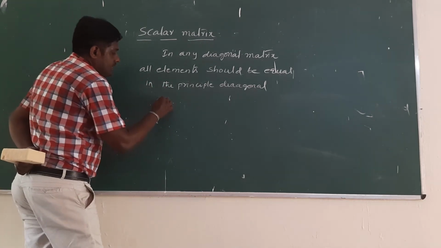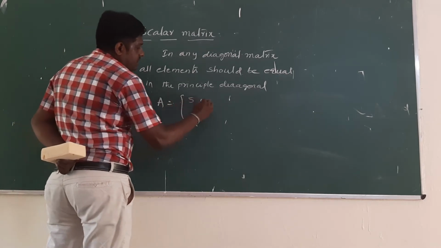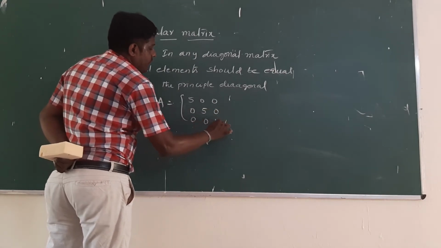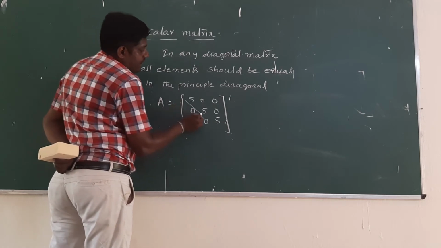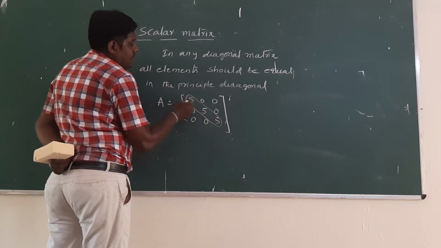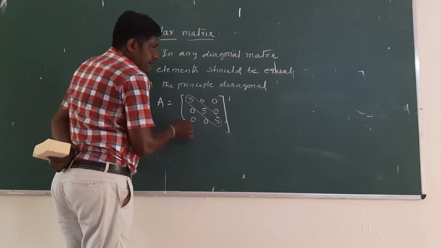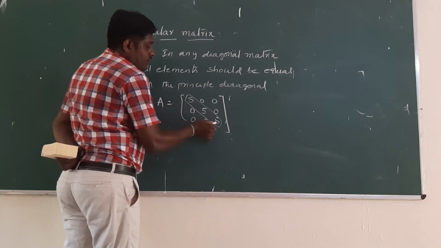See one example. A is equal to the matrix 5, 0, 0, 0, 5, 0, 0, 0, 5. This is called a scalar matrix. Why? Because this is a diagonal matrix in which all elements in the principal diagonal are equal.